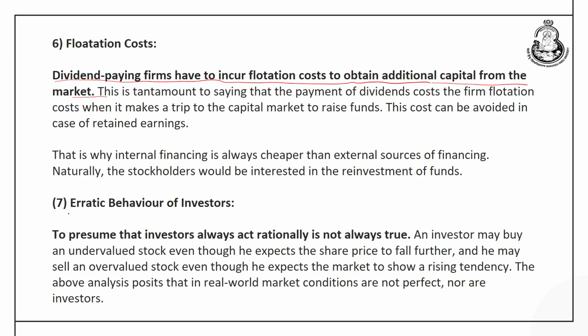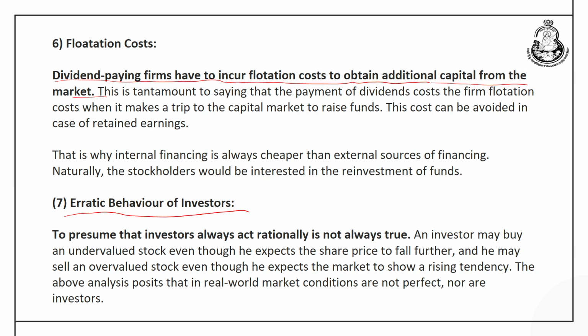Now, finally, the erratic behavior of investors would also be a responsible factor while deciding whether the dividend should be paid or profit is to be retained. What is erratic behavior? That means we have to accept the fact that investors are not always rational.